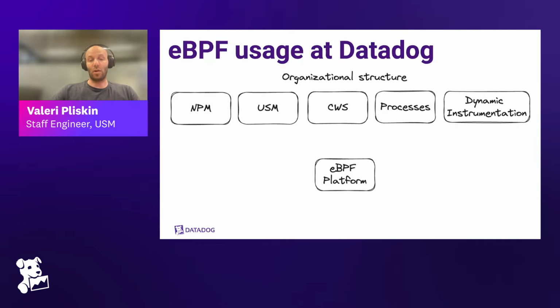And for some programming languages, we're also utilizing eBPF technology to capture application context at runtime and present it to our customers. Given the increasing usage of eBPF, and more and more products using it inside Datadog, we also formed an eBPF platform team that owns the infrastructure of eBPF at Datadog and helps to improve the velocity of engineering teams.